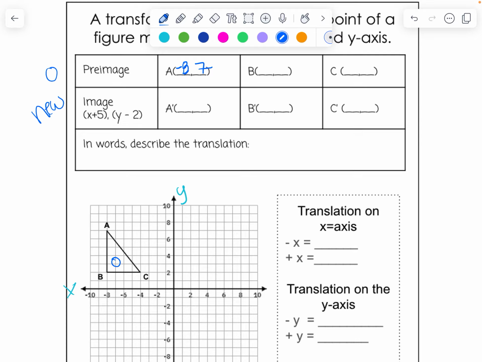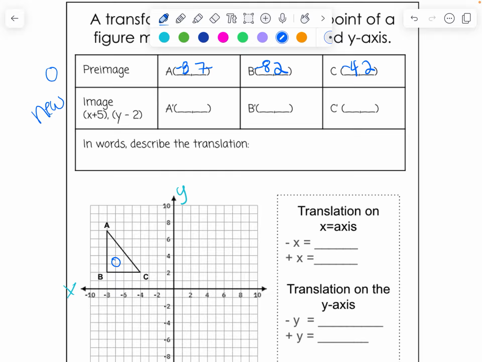All right, B is going to be -8, 2. And then my C is going to be -4, 2.